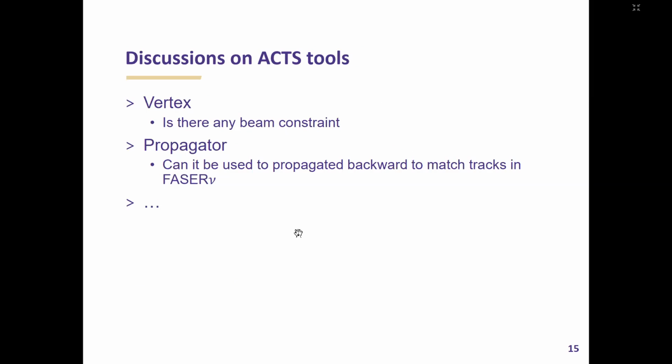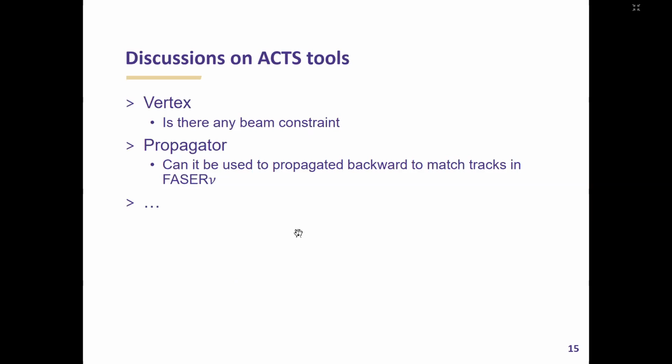Maybe a comment from my side on the question you had regarding the vertexing, on whether you can use the ACTS vertexing also without a beam constraint. So yes, you can. You can use it with and without beam constraint.